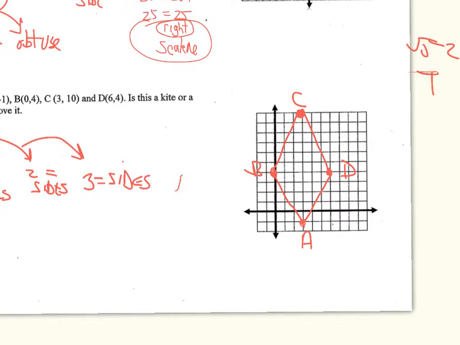In this problem, we're trying to figure out our points A, B, C, and D. Is this quadrilateral a kite or a rhombus? So one way to do it is to draw in these right triangles, and we'll find and see if all four segments are the same lengths or if they're different lengths. So the length of segment AB is 3 by 5.